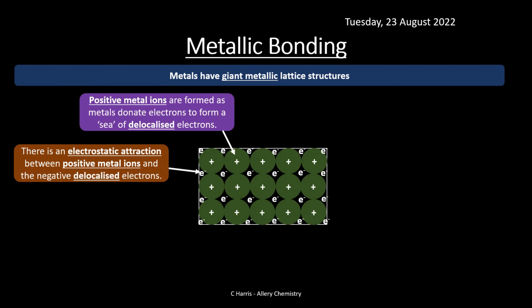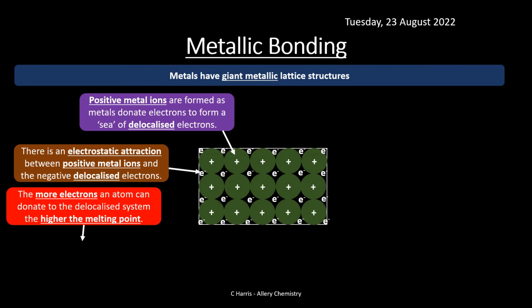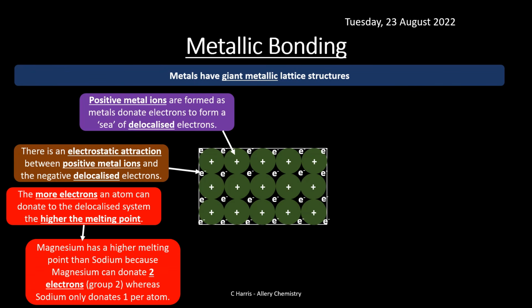Now, you have electrostatic attractions, there's that word again, between your positive metal ions and your delocalized electrons, which are negative. So you've got this attractive force between them. And the more electrons an atom can donate to the delocalized system, the higher the melting point. Obviously, you have stronger attractive forces between the positive metal ions and the negative electrons if you've got more of them.